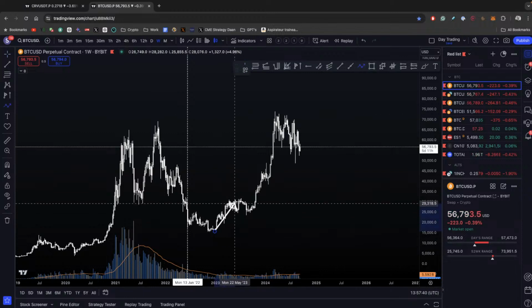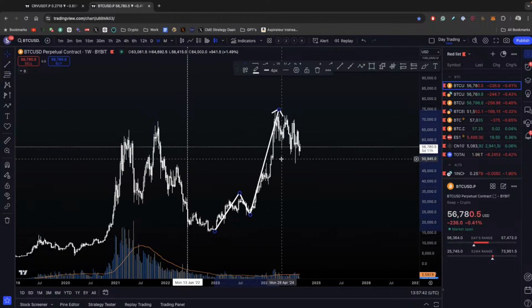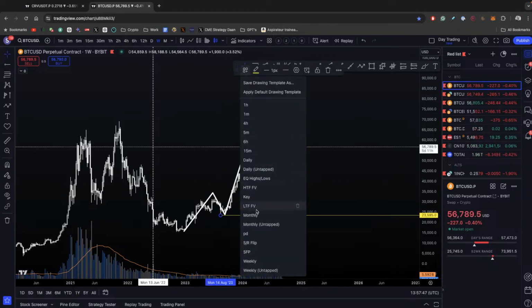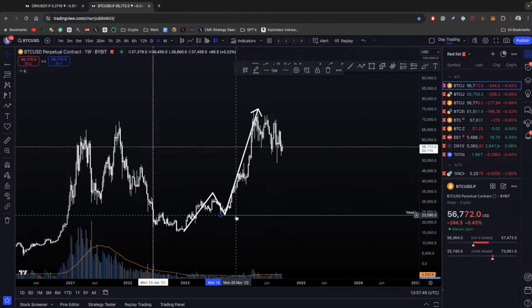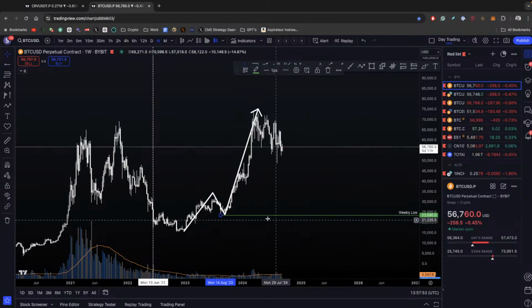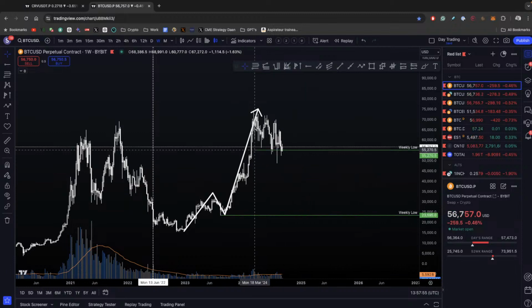right here. This is the weekly market structure for me, right? So we have the weekly low right there. Very low, but it is what it is. And the weekly high is right here.